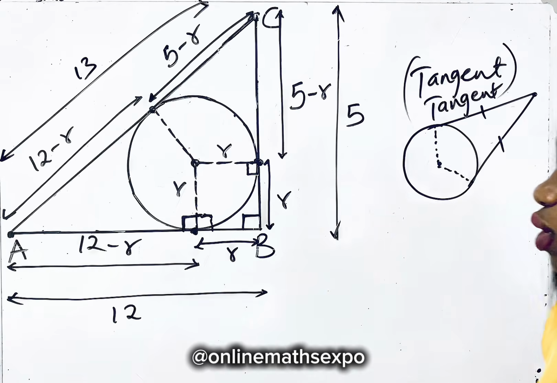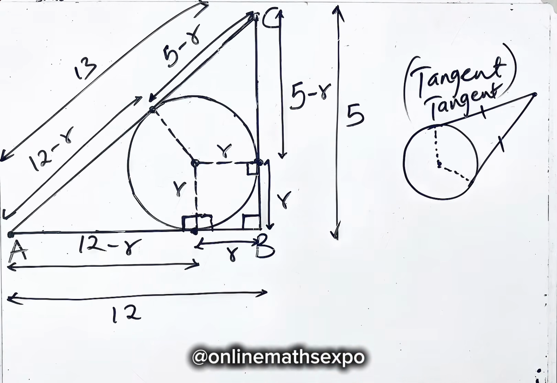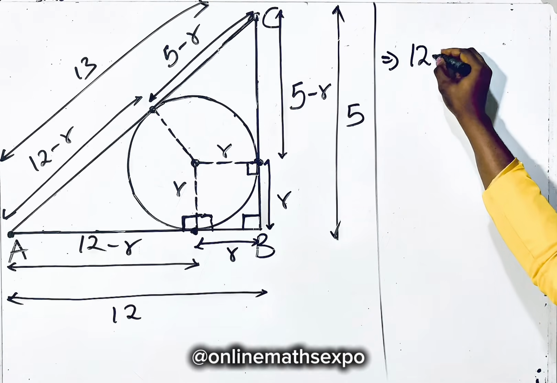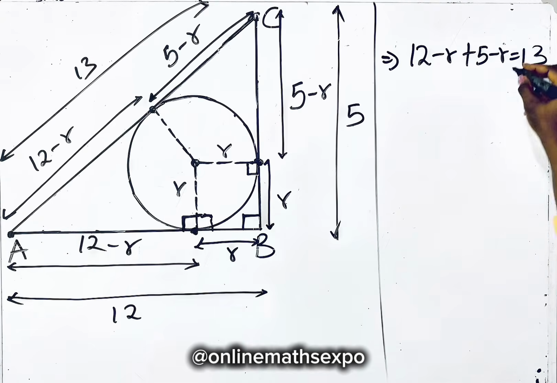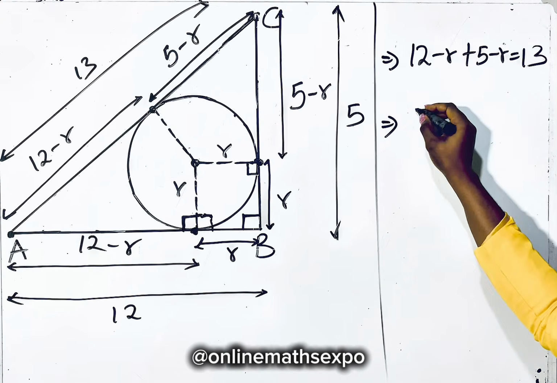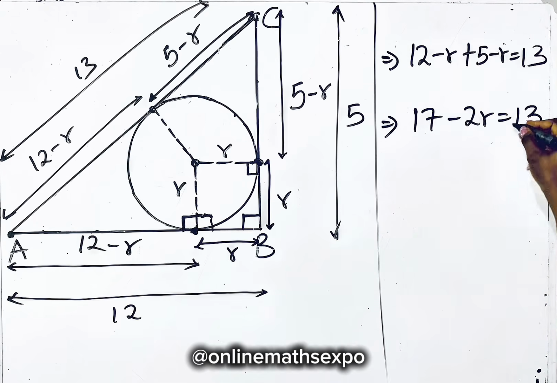So what should we do? Just quickly add these two lengths together, and that gives you 13 units. Let's do it together. 12 minus R plus 5 minus R is equal to 13. So we keep solving. Add these two, it gives us 17. This will give us 17 minus 2R is 13.